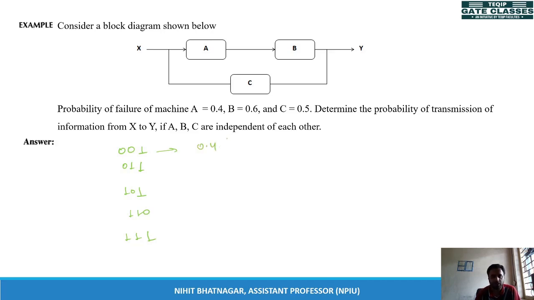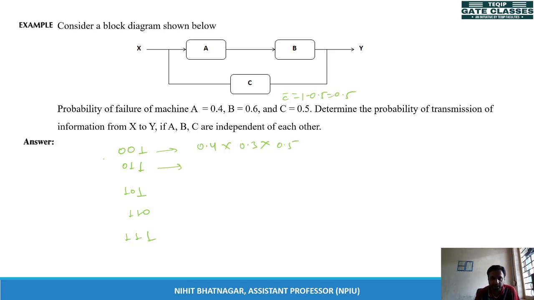So the probability of failure of A into probability of failure of B into the success of machine C in working condition. So C bar equals 1 minus 0.5 equals 0.5. So that's why I write here 0.5.